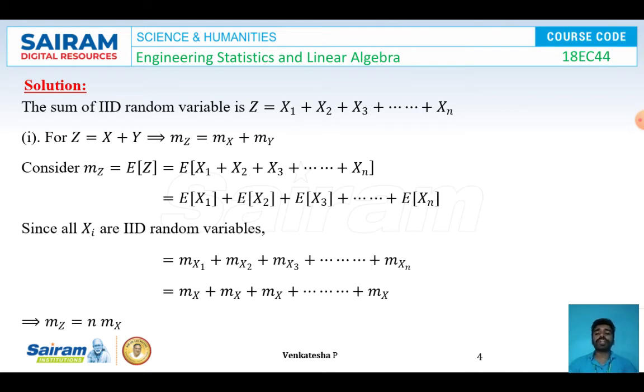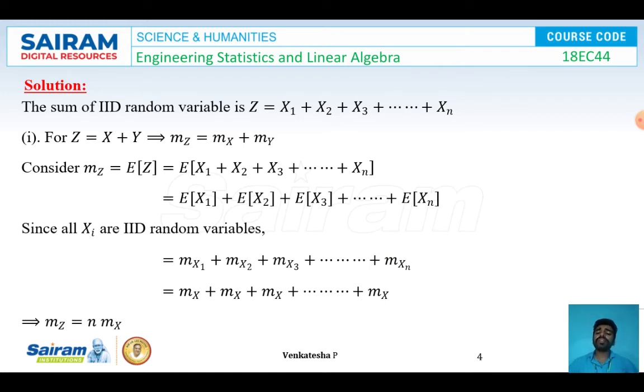Since expectation is linear and all these random variables are independent, I can rewrite this equation as expectation of x1 plus expectation of x2 plus expectation of x3 plus so on plus expectation of xn. And this expectation I can write in terms of mean as mean of x1 plus mean of x2 plus mean of x3 plus so on plus mean of xn.